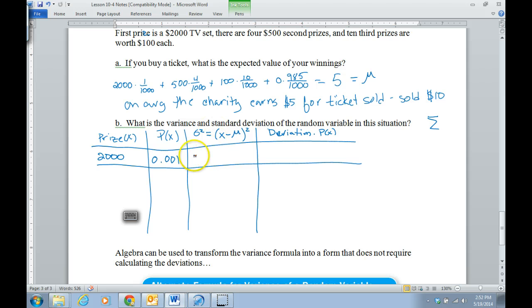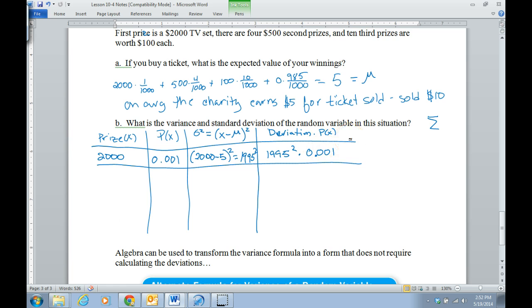So our squared deviation is going to be 2,000 minus 5, which we found up here, squared, which happens to be 1995 squared. We don't need to figure it out yet. So our deviation in this case is going to be 1995 squared times 0.001.